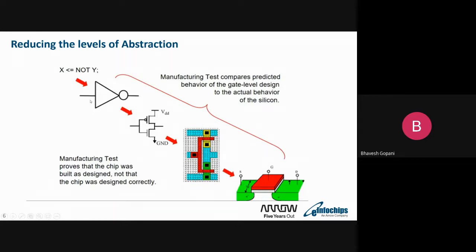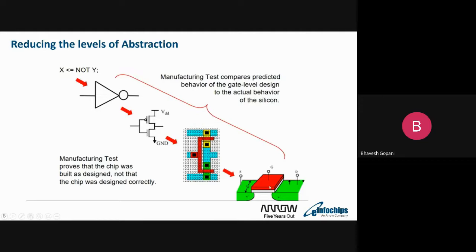So we will model the values or vectors in such a way that they directly reflect, or predict, the behavior of this silicon, whether it is working as expected or not. Another thing: manufacturing test proves that the chip was built as designed, but it doesn't mean that the chip was designed correctly.